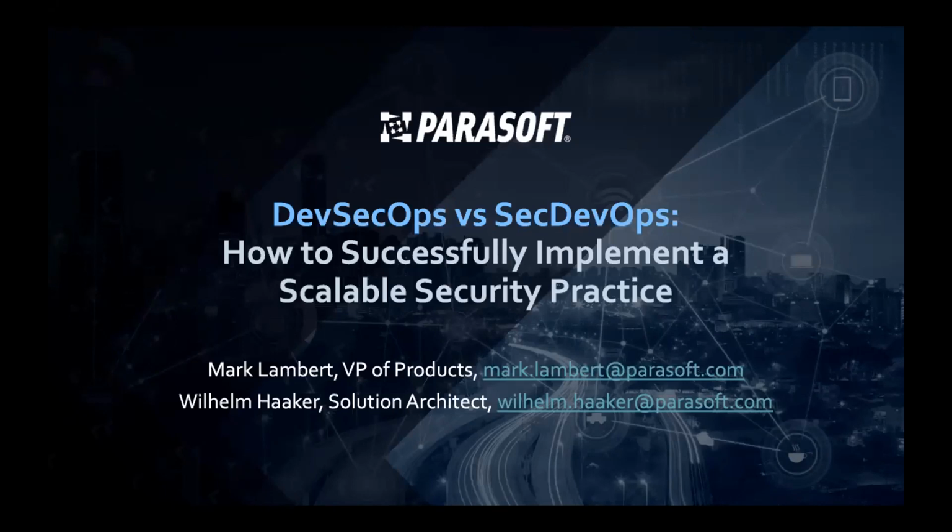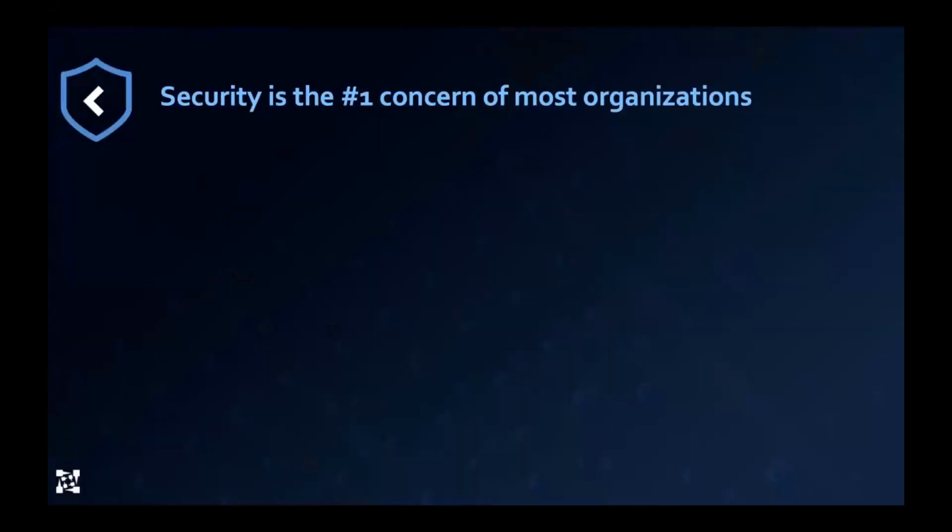So what we're focusing on today is talking about security, and specifically this term DevSecOps, and how we can help organizations put security into their software development process to really address problems before your clients find them or before they become part of public news.